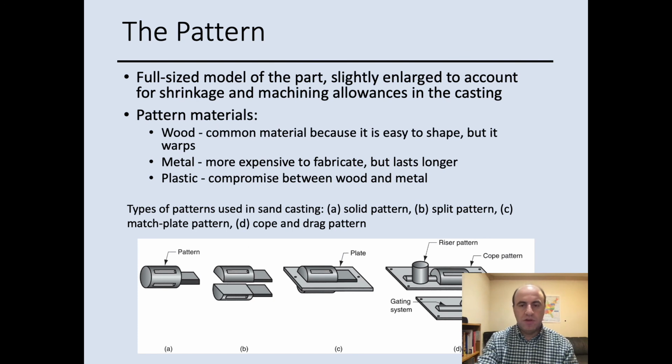The pattern can be wood, metal, or plastic, and types of pattern in sand casting are solid pattern, this one, split pattern, match plate pattern, and this is the cope and drag pattern.